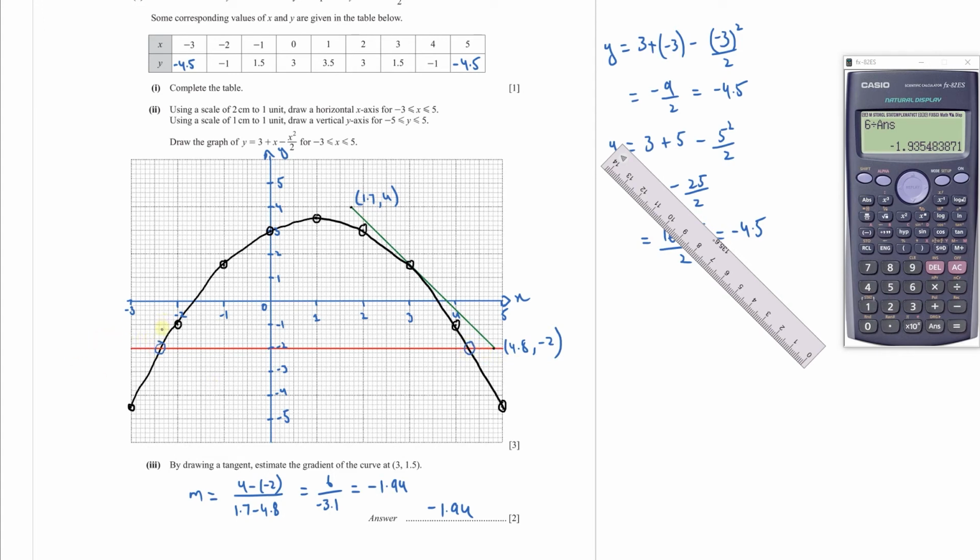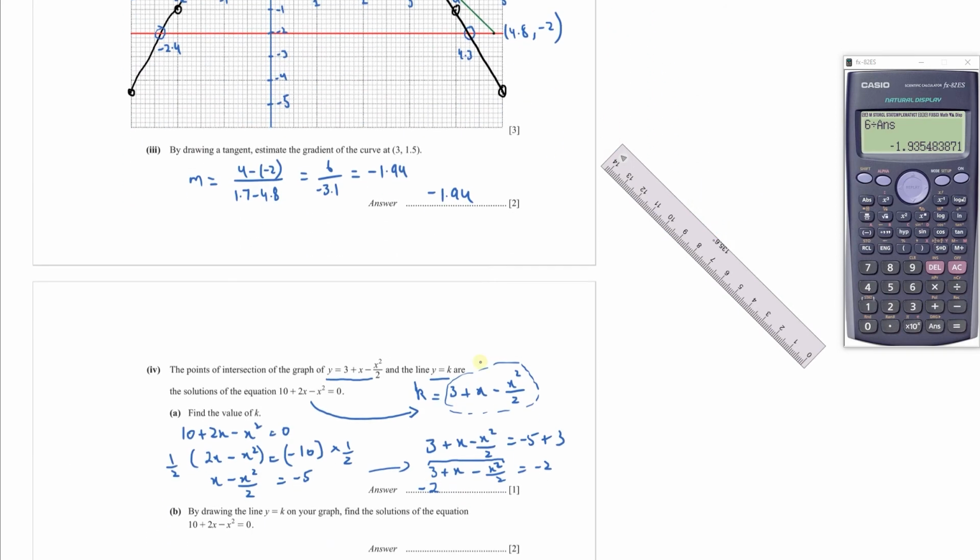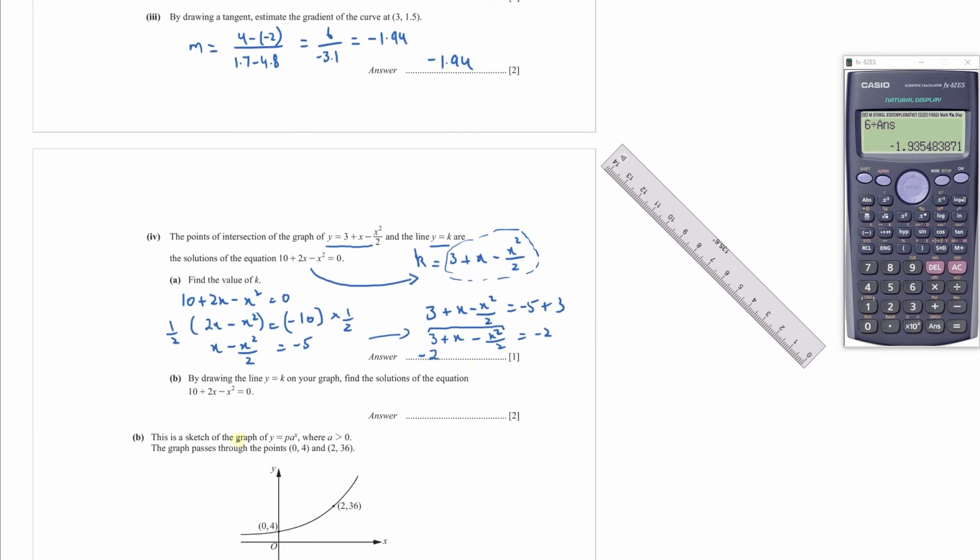Here the x value is almost minus 2.4. And here the x value is 4.3. So your answers are minus 2.4 and 4.3.